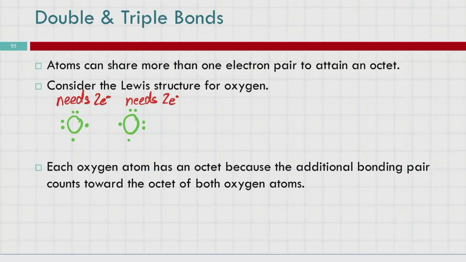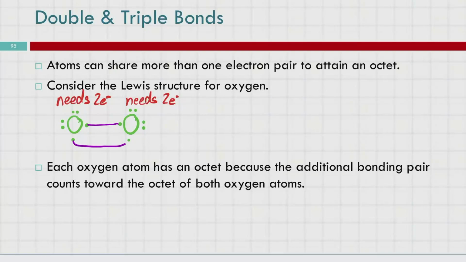They both need 2. If they share 1 electron, that adds 1 to their valence count. So if we look at this left oxygen, it's got the 2 lone pairs, it's got 1 bonding pair, 3 pairs, total of 6 electrons, plus 1 extra, so it would have 7 valence electrons. 7 is not happy.